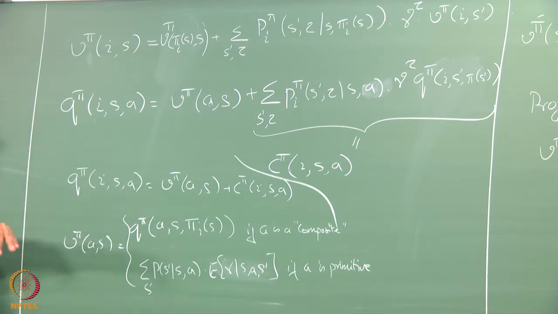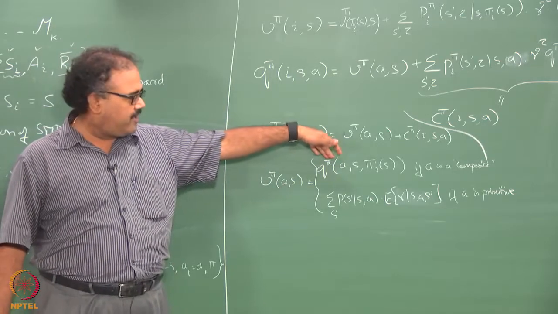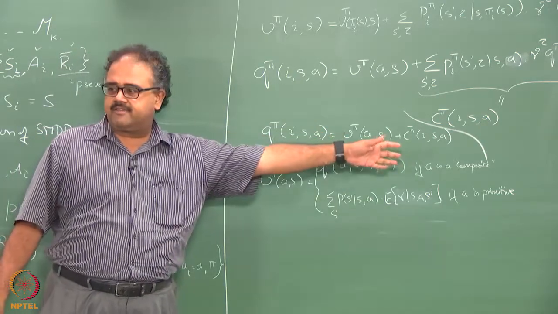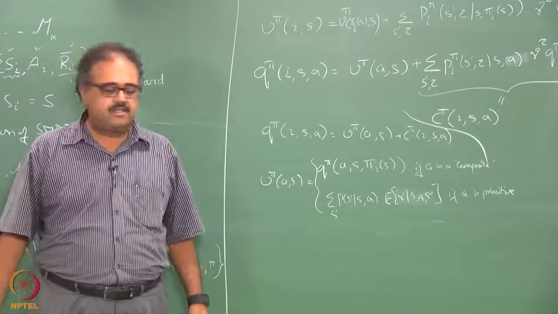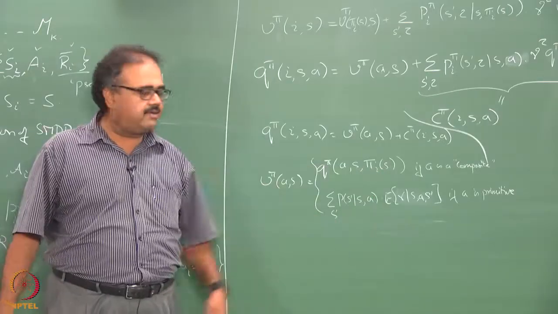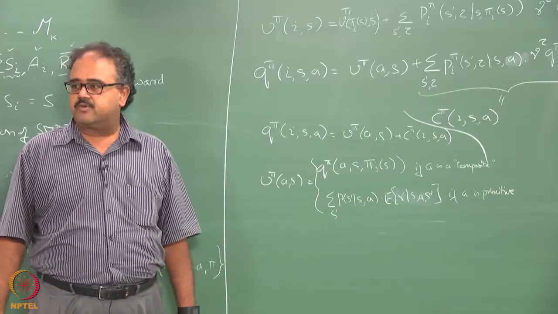So V pi is Q pi of A, S, pi S if it is a composite action, like one of the subtasks. And if it is a primitive action, then it is just the expected value of the reward.